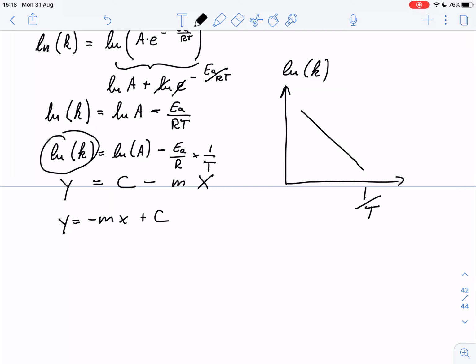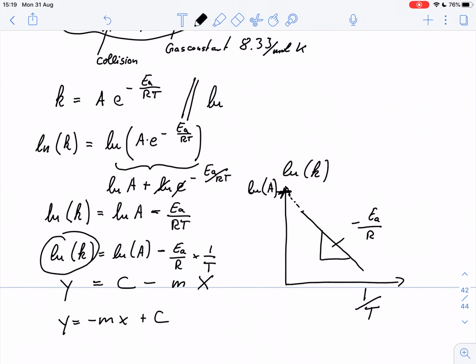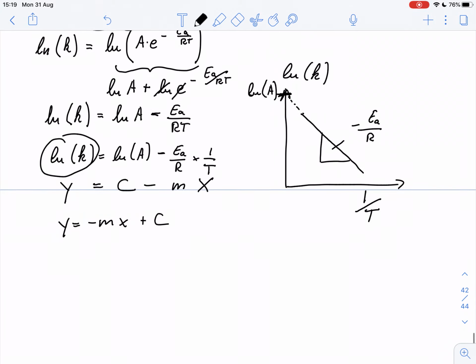The gradient of this straight line would be negative EA over R. And if we extend this line, we would get this point here, ln A. So what we have done is we have taken this rather unsavory looking Arrhenius equation and converted it into a straight line.